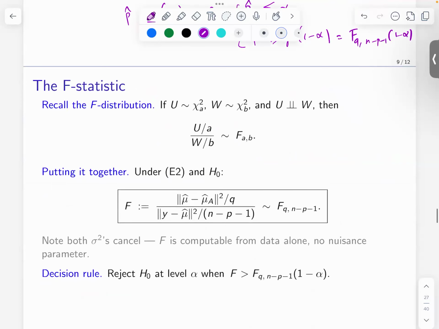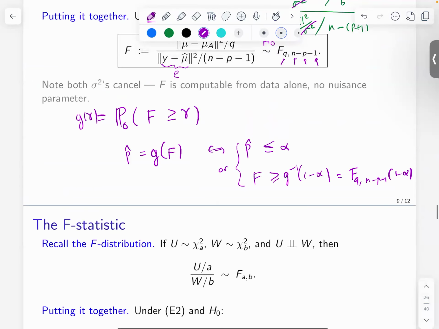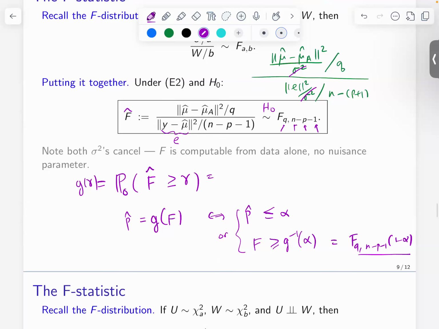Sorry, this would be alpha here, not 1 minus alpha. What we do is set the tail probability equal to alpha, because that's the probability of rejection, and then gamma would be the 1 minus alpha quantile. Unfortunately, they'll write F hat if you want for the random variable. This is really just a quantile function, so to not confuse the two, that's the correction here.